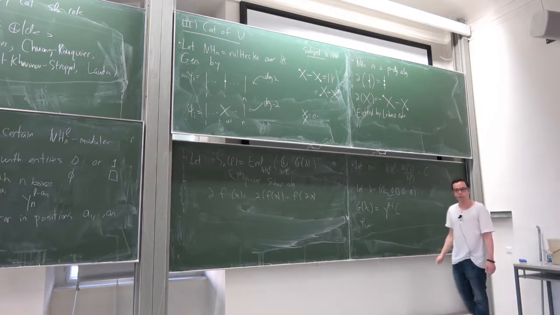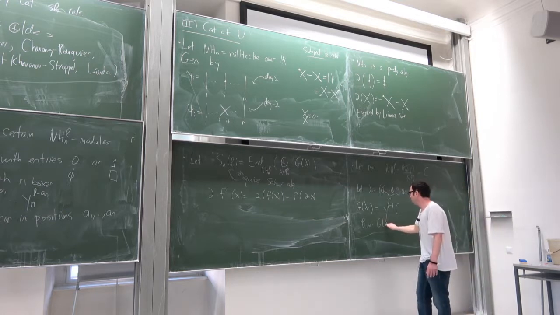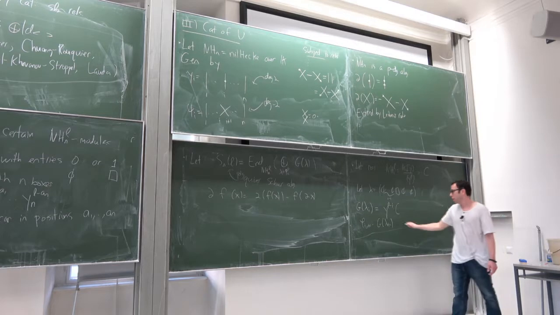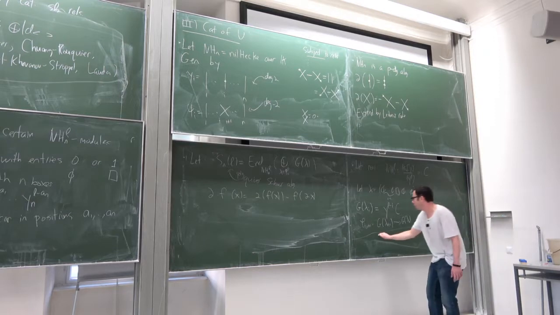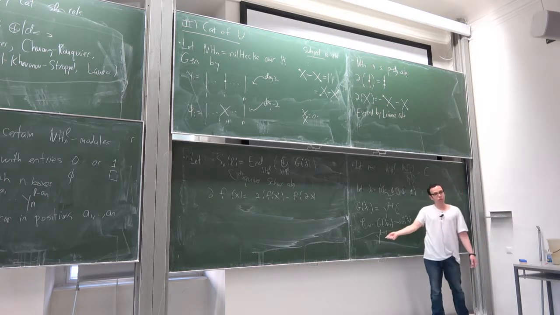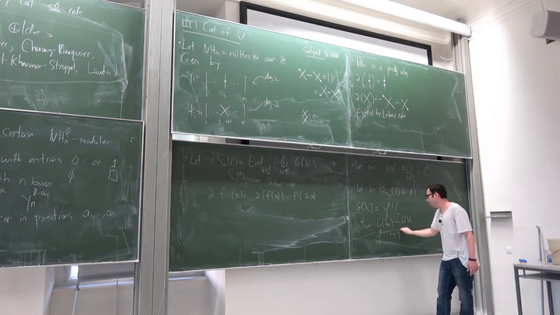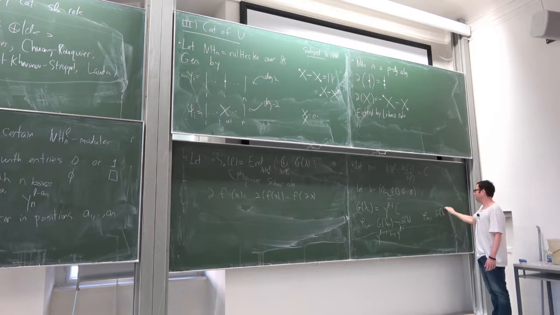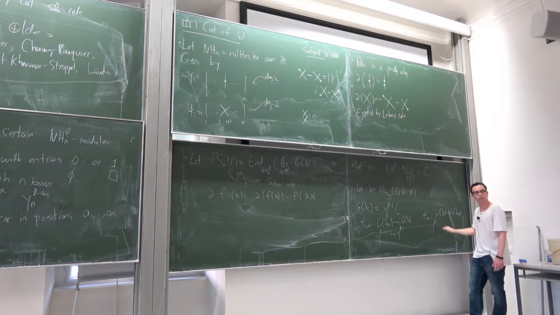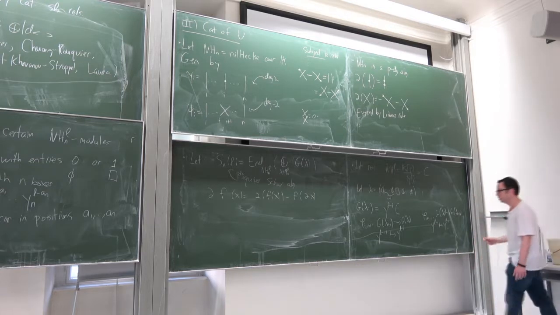There's a map phi I plus 1, which goes from G lambda I plus 1 to G lambda I, where y to the L minus I minus 1, which generates this module, goes to y to the L minus I. And then we have a map in the other direction from G lambda I to G lambda I plus 1, where the generator y to the L minus I goes to y to the L minus I. And you can check that these generate the entire algebra.